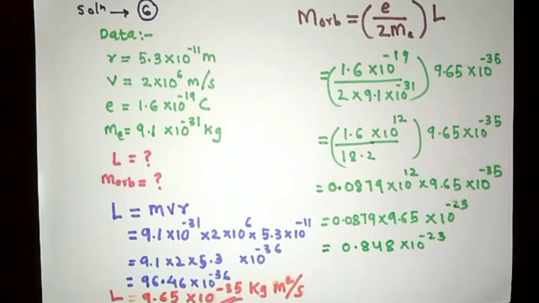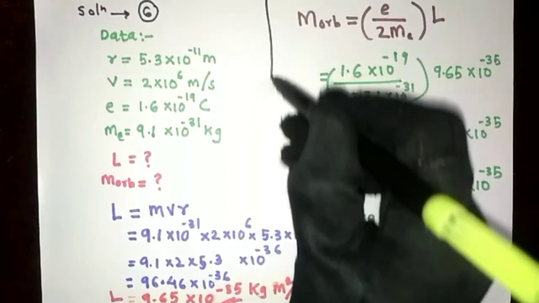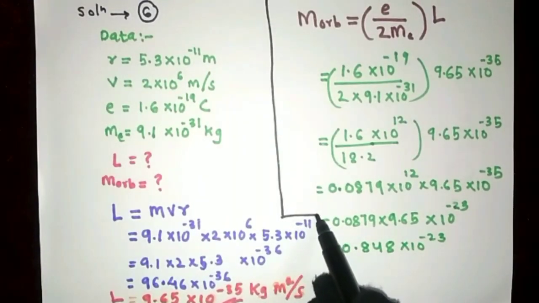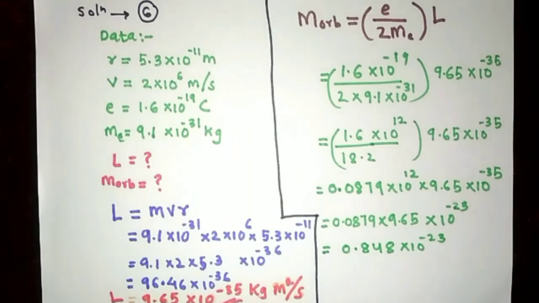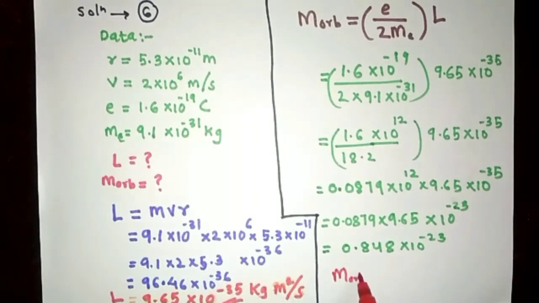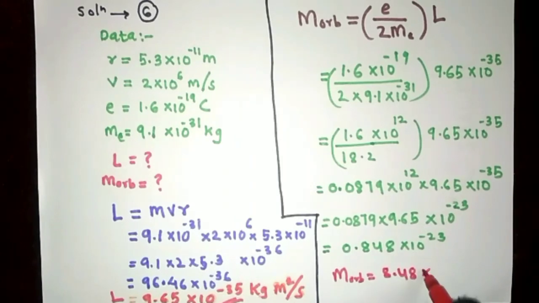And if I shift this point, finally we have M orbital equal to 8.48 into 10 raised to, see, I'm shifting the point to the right side, so the minus power will increase by 1, so minus 1 minus 23 will be minus 24.